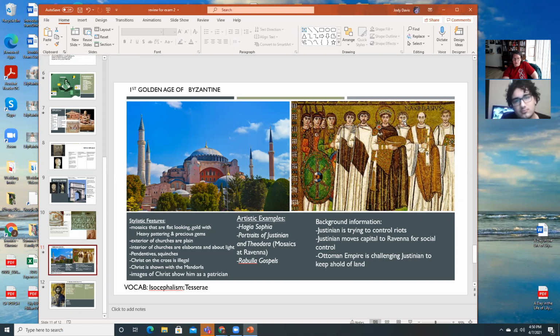But that row of windows here that are created underneath the dome, those windows are really important. They make the dome feel as if it floats on top of a ring of light. And that experience for the viewer is supposed to be very transformative.